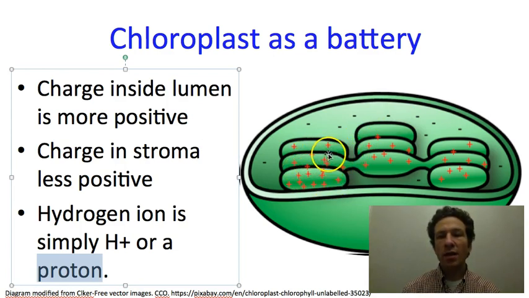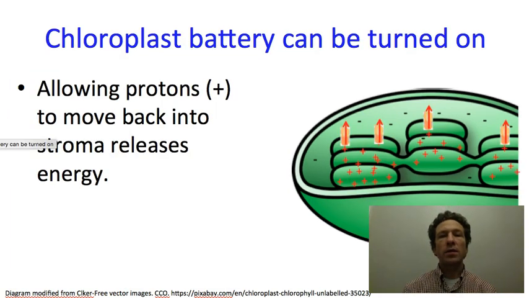These hydrogen ions really don't like to be near each other because things with the same kind of charge repel. That means these hydrogen ions will want to leave, and as they leave, this is going to release energy. So by allowing a pathway for the hydrogen ions to leave, this is the equivalent of turning a battery on.